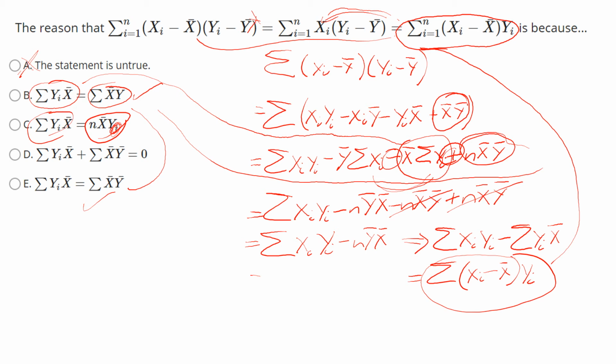What about D? Is it the case that the sum of yi x bar plus sum of x bar y bar equals 0? Clearly not. In fact, that's what we showed when we went through option B, that the two things are in fact equal. Therefore, the sum of them cannot be 0. Okay. So that explains how to approach this particular question.